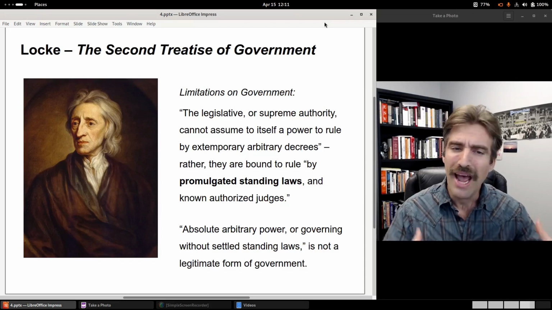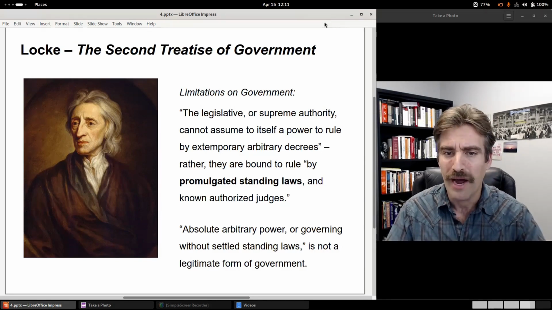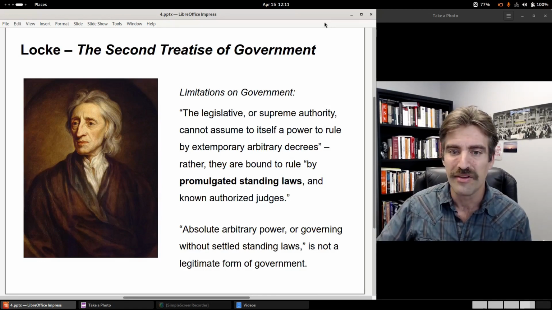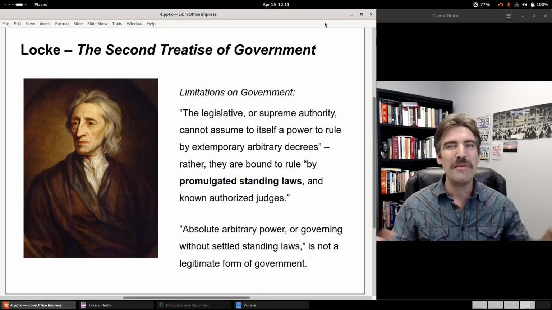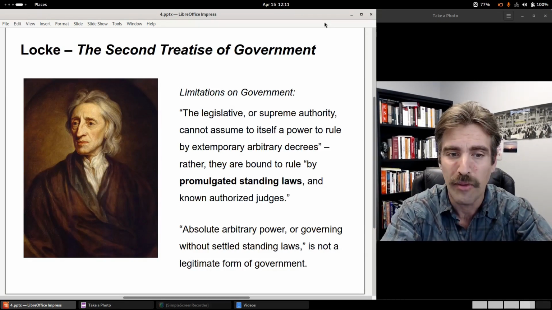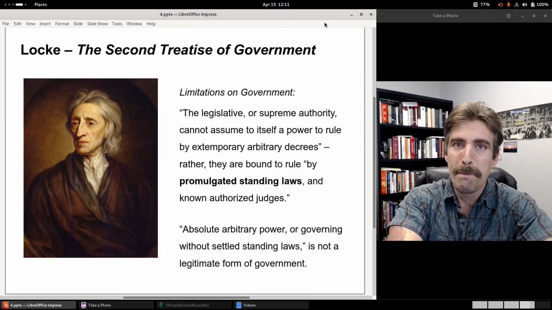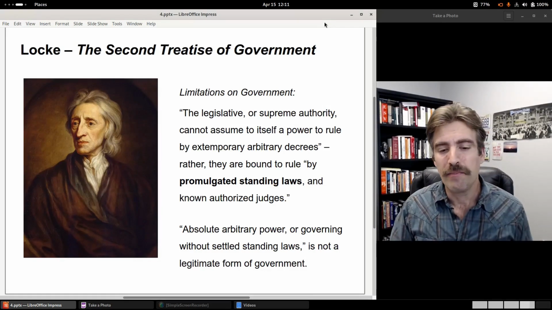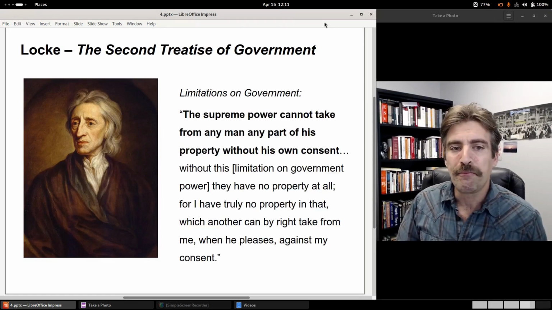Locke says that absolute arbitrary power, or governing without settled standing laws, is not a legitimate form of government. Anytime you have a form of government that governs by arbitrary power, that governs outside the rule of law, you're no longer dealing with a legitimate form of government.